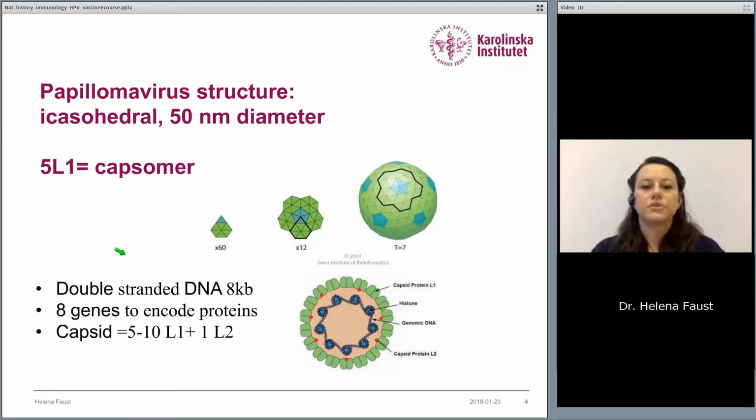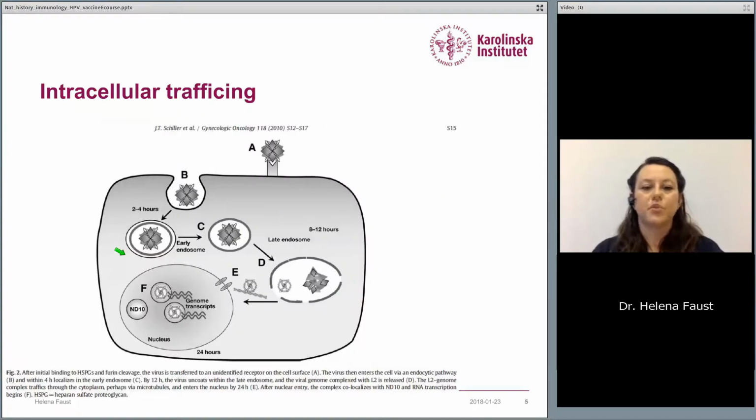Their genome is about 8,000 base pairs, usually encoding 8 genes. And every capsomere with 5 L1 molecules contains 1 L2 molecule.